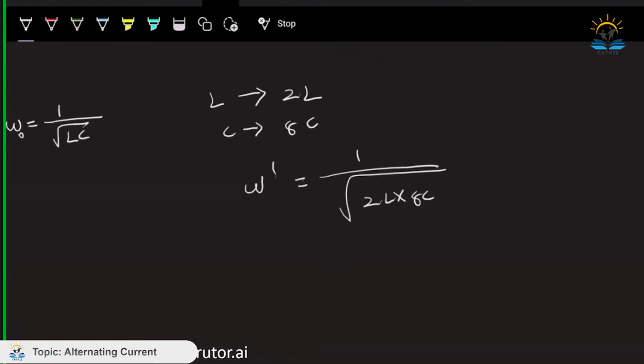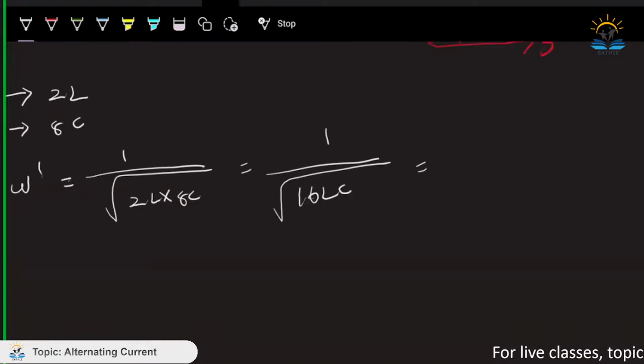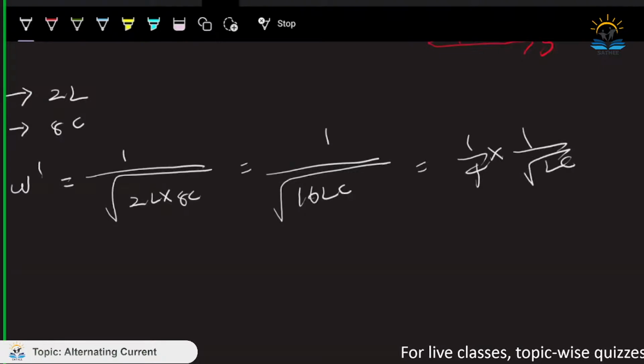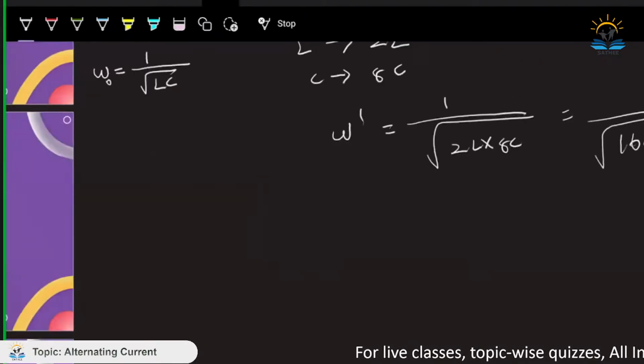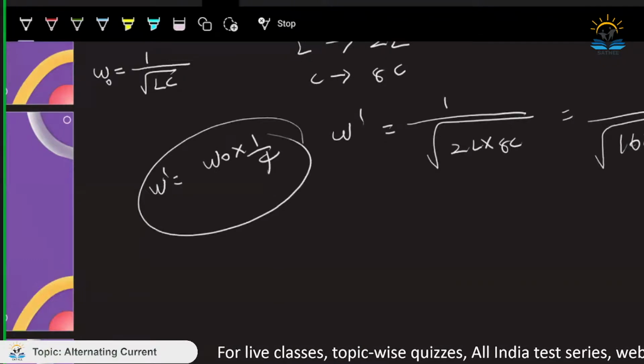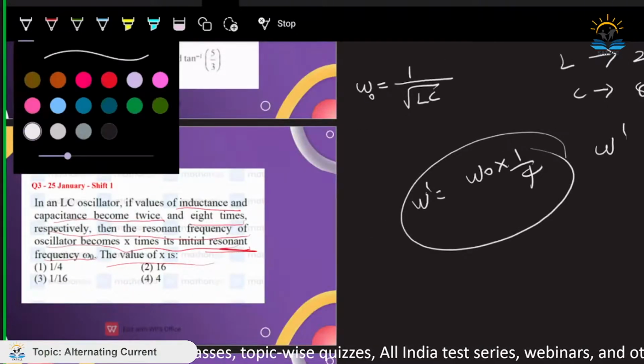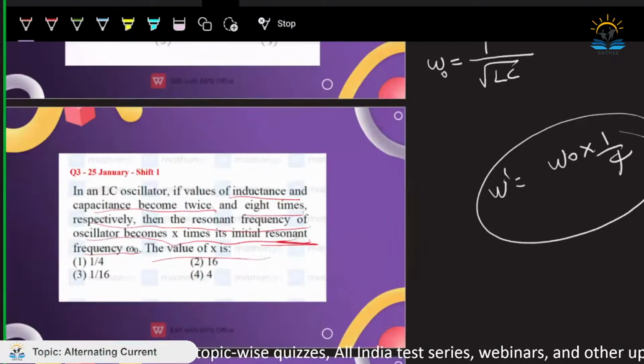So we can write 1 by root of 16LC, which is 1 by 4 into 1 by root LC. 1 by root LC is omega naught. So omega dash is omega naught into 1 by 4. So X will be 1 by 4.